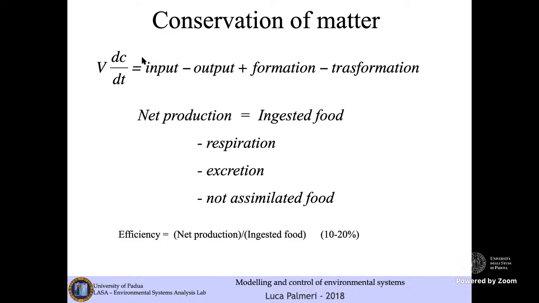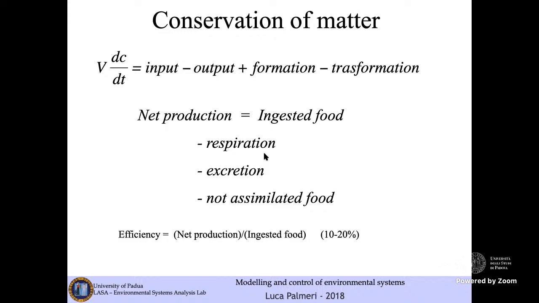We may recast this continuity equation by, for example, writing in terms of production that the net production of an ecosystem may be equal to the ingested food, so the food consumed by the organisms, minus those quotas of energy that the organism employs for living, for staying alive.